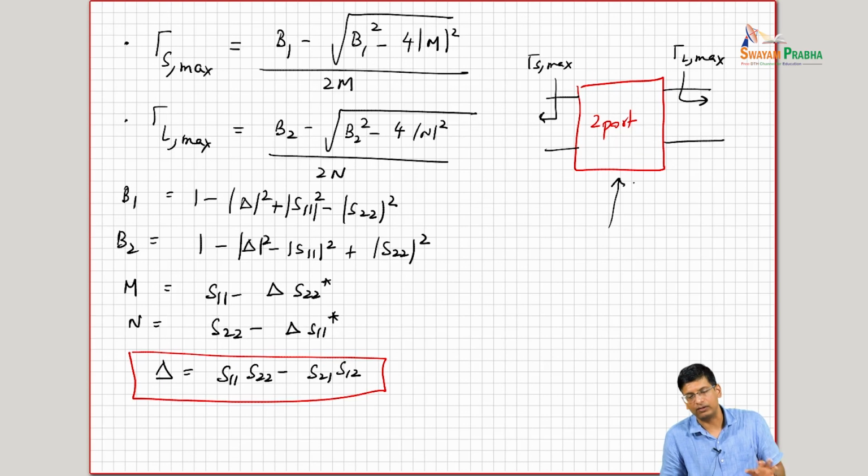Now, it might be true that based on the previous equations, the gamma S that you get may not be a realizable gamma S. The gamma L that you get may not be a realizable gamma L. That's fine. But these two, if you are able to achieve, then that will work.